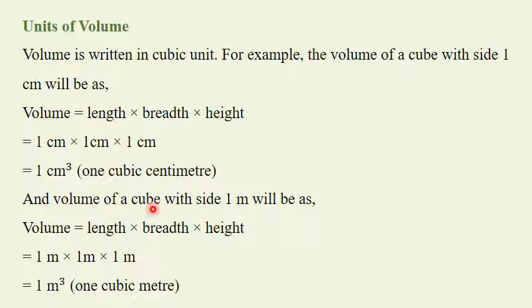And the volume of a cube with the side 1 meter will be, so we will replace the centimeter by meter. Volume is equal to length into breadth into height, so that will be equal to 1 meter into 1 meter into 1 meter, that will be equal to 1 cubic meter.